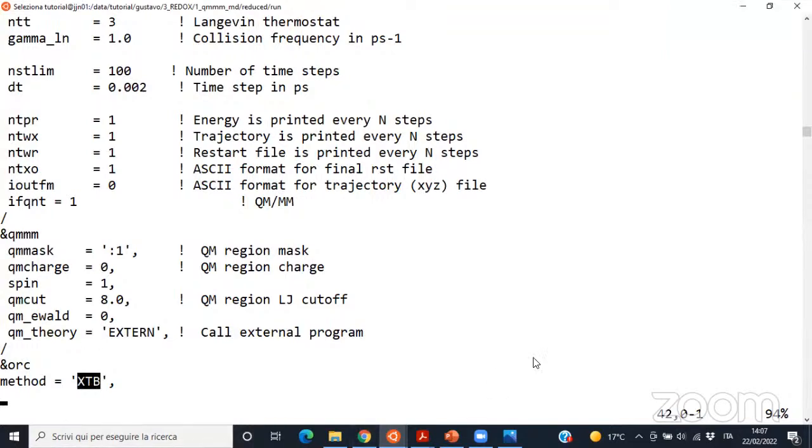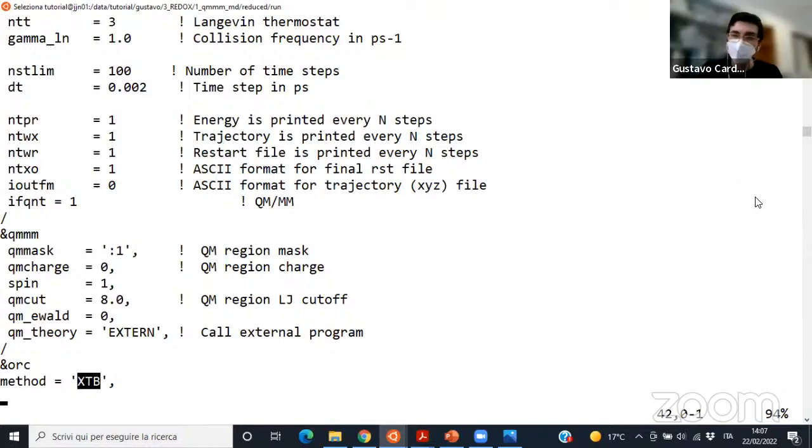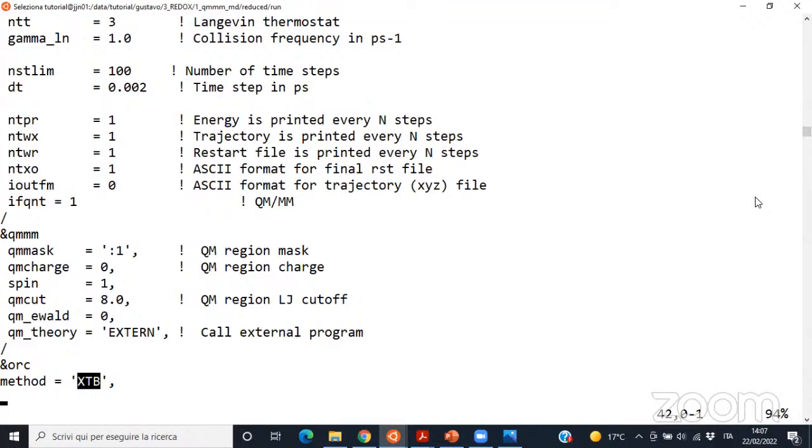Gustavo? Yes? Can I ask a question now? Sure, sure. I was wondering, if we want, for example, to study the interaction of our molecule and the first solvation shell, could we set this system in the QM mask part, or do we have to change our PDB file to set this kind of QM part?